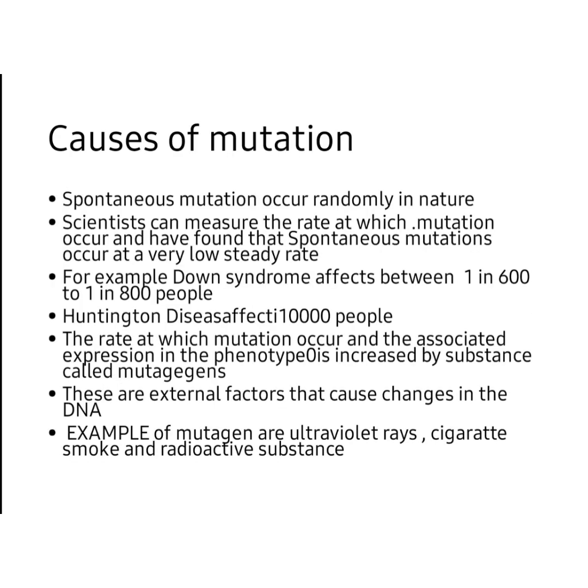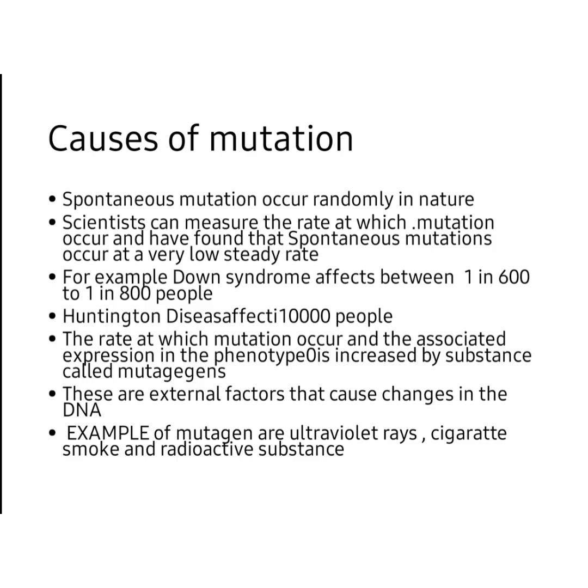Causes of mutation. Mutation occurs randomly in nature. Scientists can measure the rate at which mutation occurs and have found that spontaneous mutation occurs at a very low, steady rate. Mutation just occurs randomly.